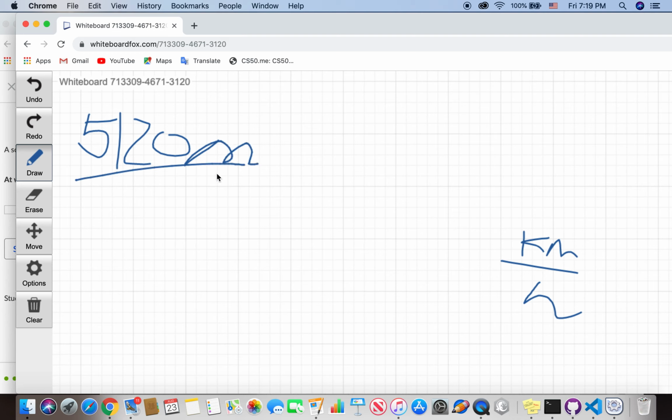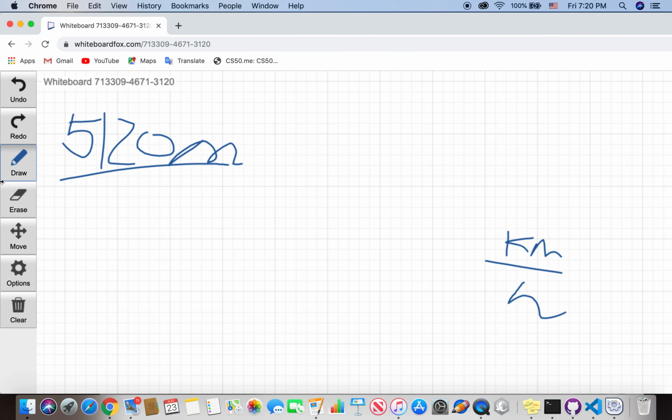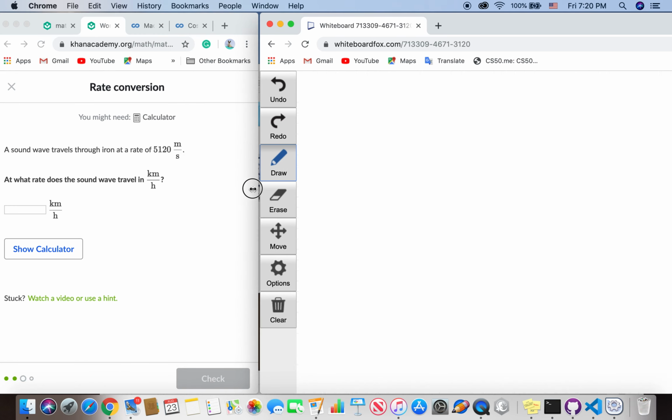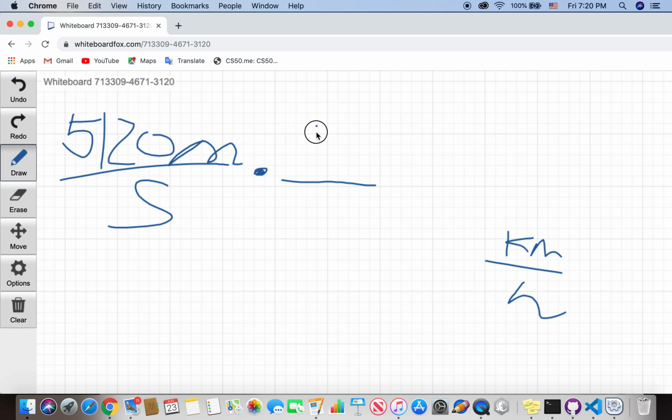So I've got meters per second, and what I'm going to do is multiply this out. We want to translate the second. So there's 1 second. How many hours is it? Well, let's think about it this way actually.